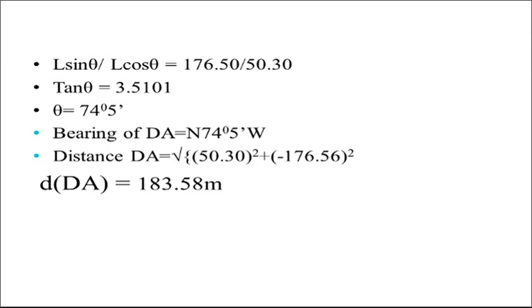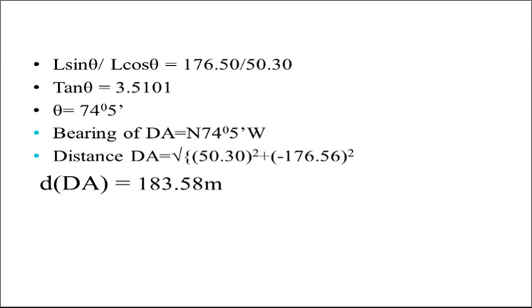And the distance of line DA is calculated as DA equal to the square root of latitude squared plus departure squared. Substituting the values, distance DA is equal to the square root of 50.30 squared plus minus 176.56 squared.